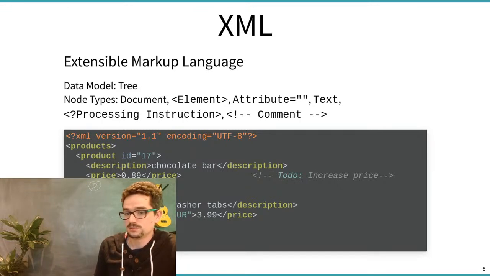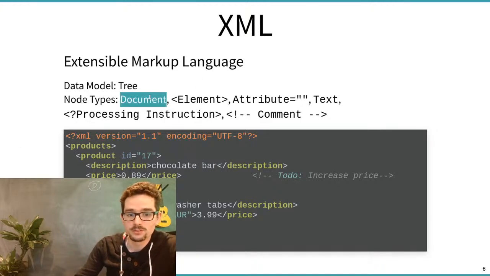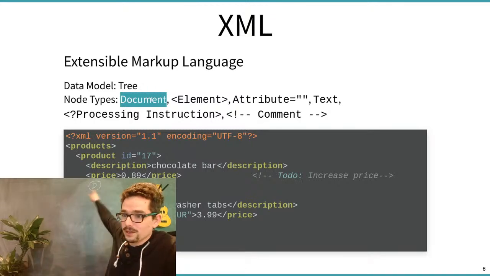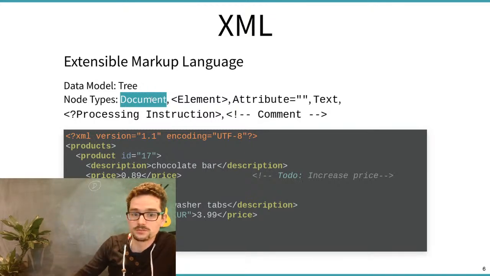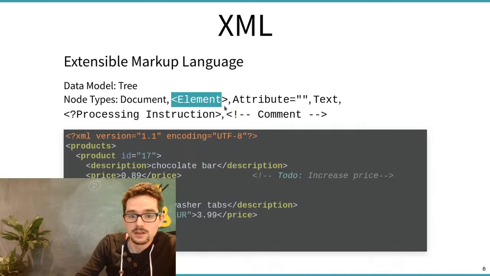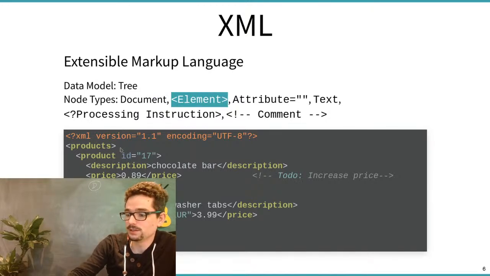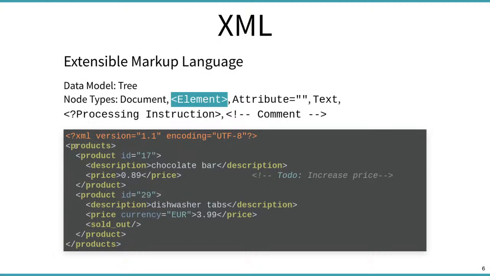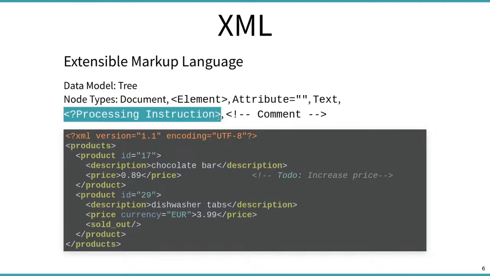An XML tree consists of nodes, and there are node types. One node type is called document. That's always the root. Elements: in this example here, we have one element called products. And we have a processing instruction.